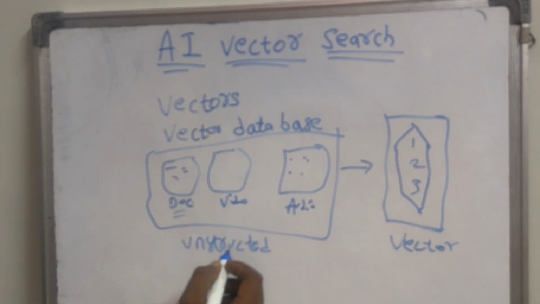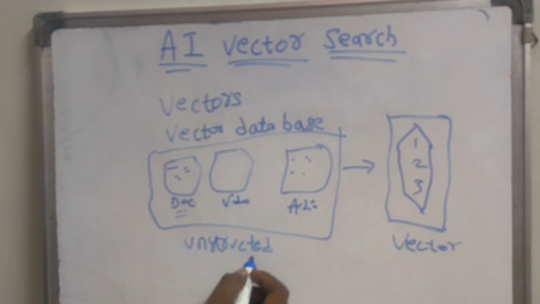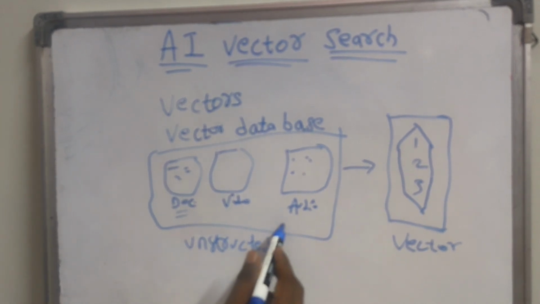For example, if you are using a Word document, there is a word embedding model, that is Word2Vec or GloVe, or other text embedding models. For documents we have some different embedding models, for media files we have different embedding models, and for images we have different embedding models, like a CNN model and so on.